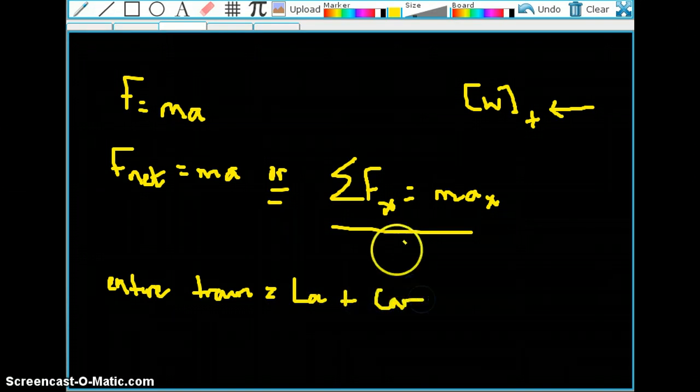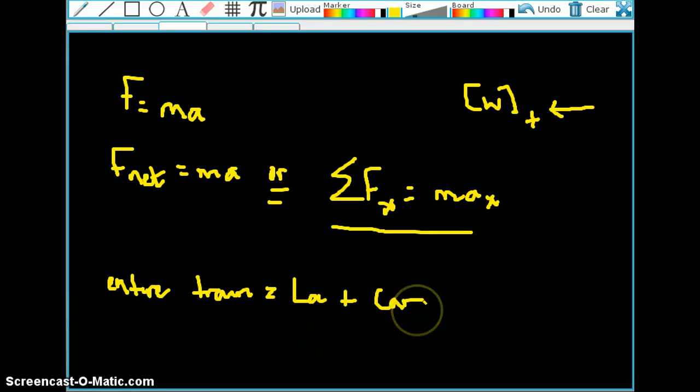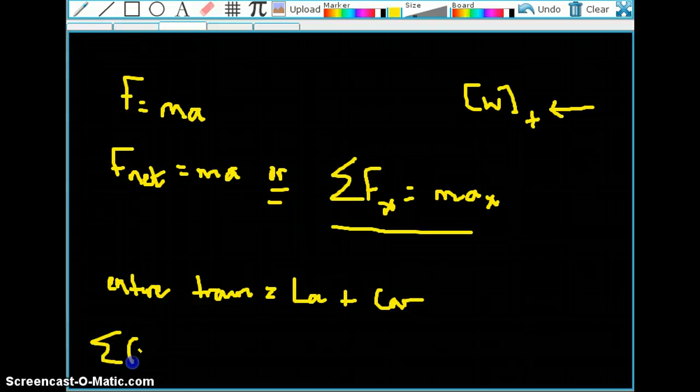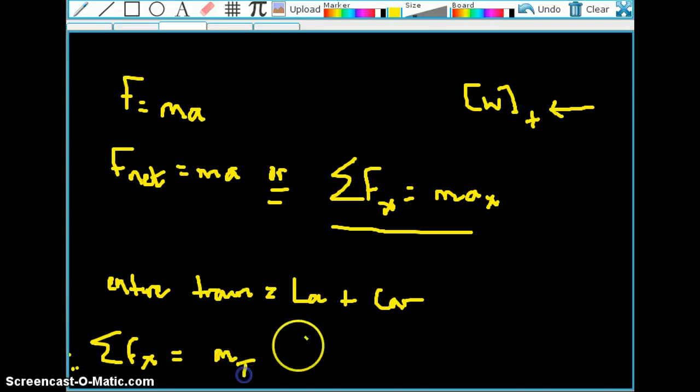So it makes sense that we'd have to add the mass of the car and the mass of the locomotive. So all we have to do is take the sum of the forces in the x direction, you can put a little therefore sign here, equals mass of the train times a_x.